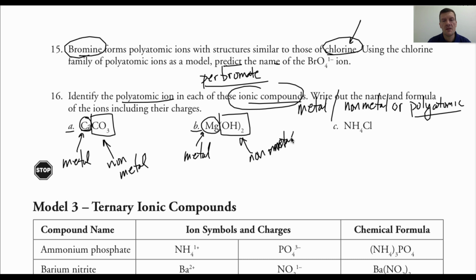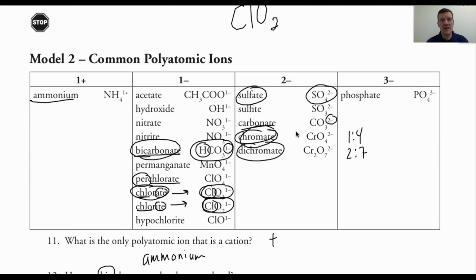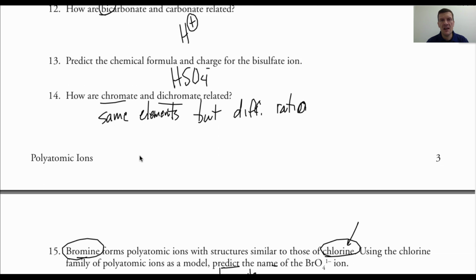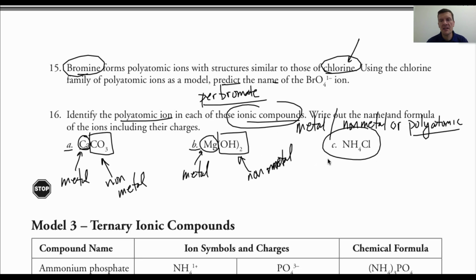Non-metal. Okay, here is a bit of an exception. There are always exceptions, right? Remember we talked about the one positively charged polyatomic ion up here, the one cation, this ammonium right there. That is a positively charged ion, and so it's going to behave like a metal. Even though it's not a metal, it's going to behave like a metal.